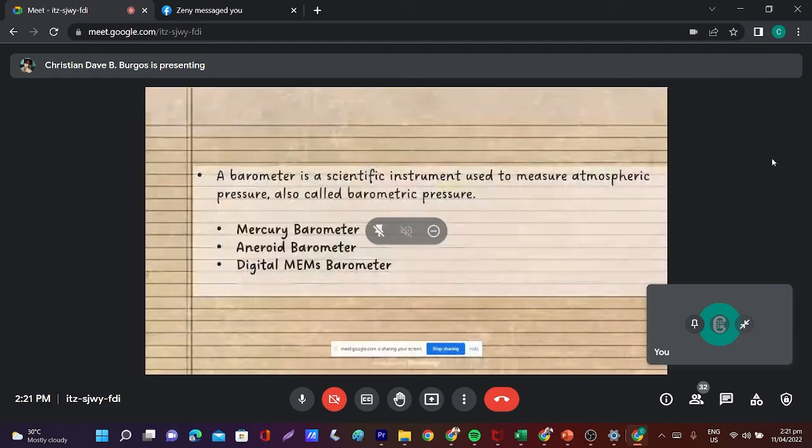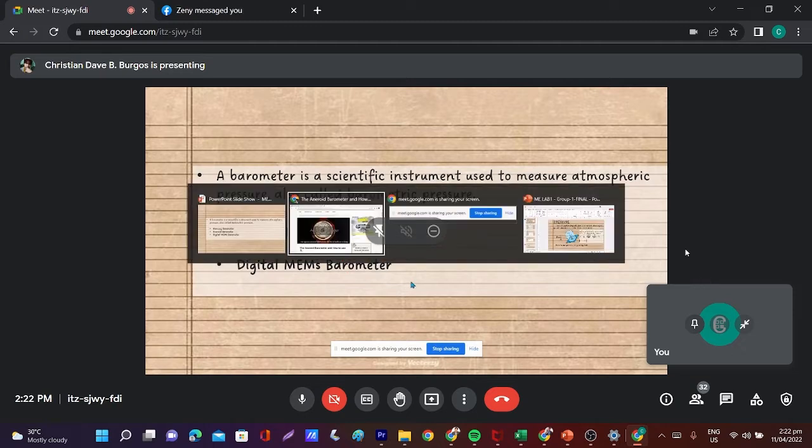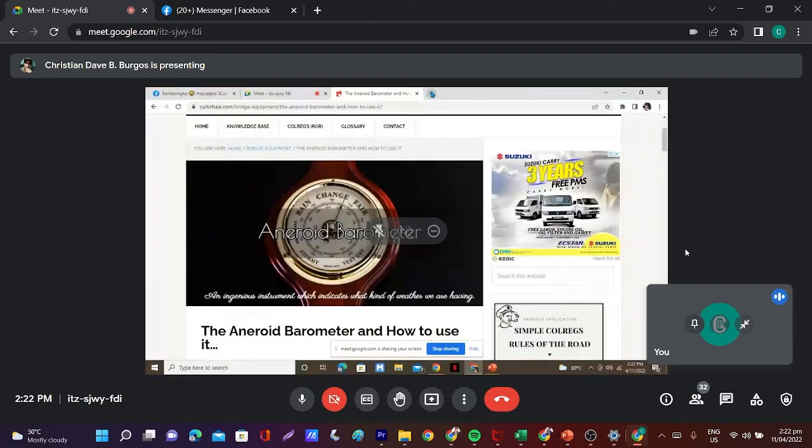Next po is digital microelectromechanical sensor. Ito rin po wala pong nakuha kanina, pero try ko po.